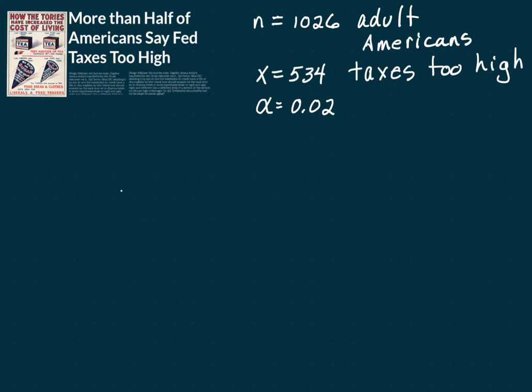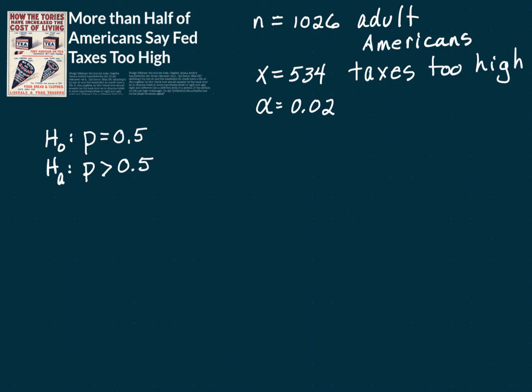Let's find out. First, we should establish our null and our alternative hypotheses. The headline is claiming more than half of Americans say the taxes are too high, so our null hypothesis should be that half of Americans think taxes are too high. The alternative hypothesis should be p is greater than 0.5.